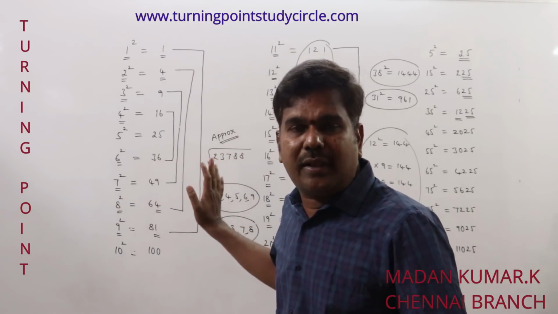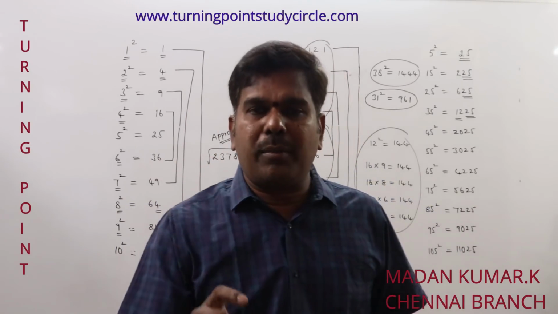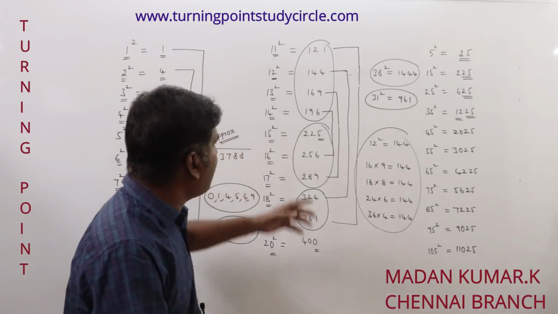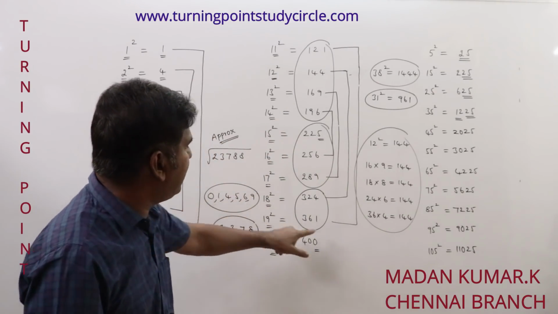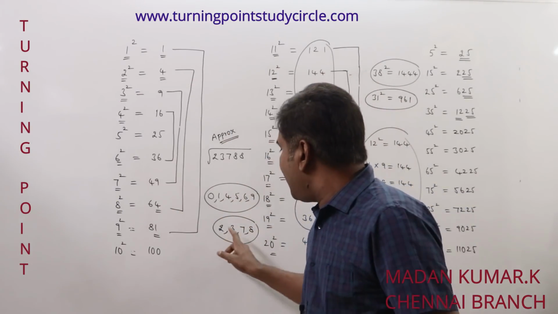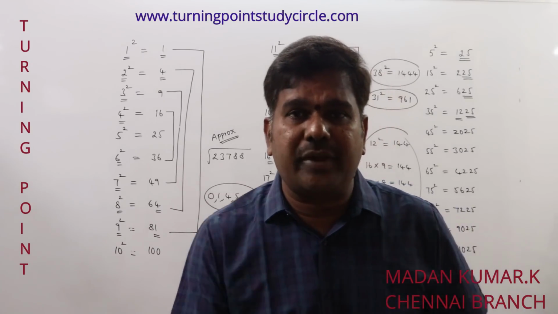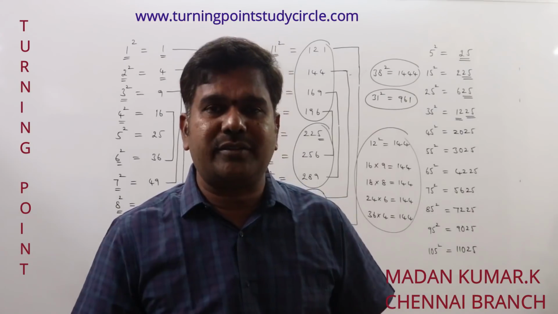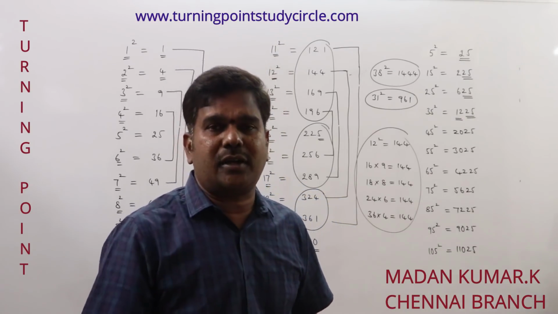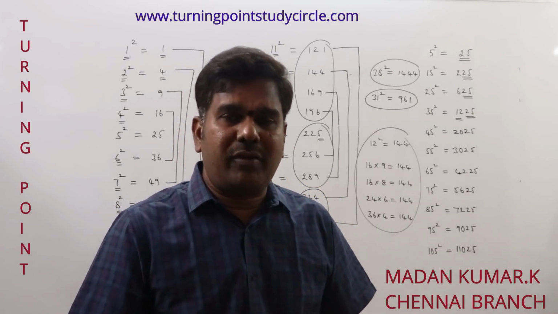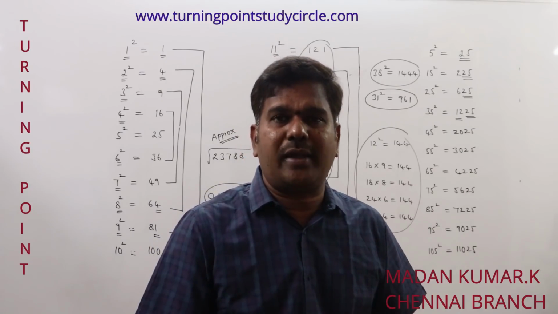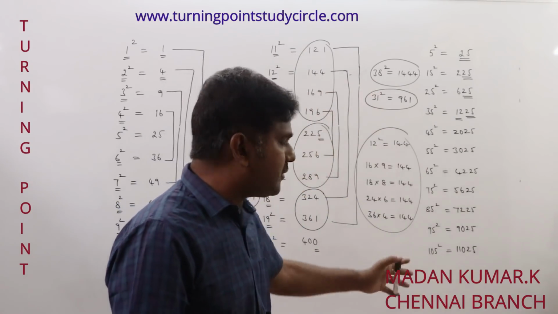Always keep in mind, any square number will be ending with the values 0, 1, 4, 5, 6, 9, and whenever a number is ending with 2, 3, 7, 8, it is not at all a perfect square. Hope everybody is clear with the 1 to 20 squares and the squares ending with 5.